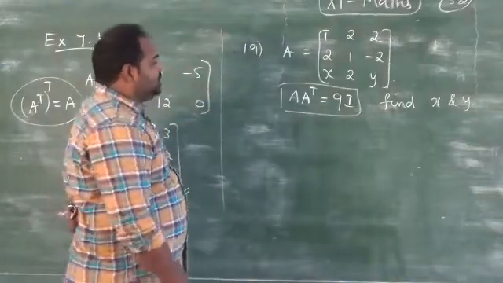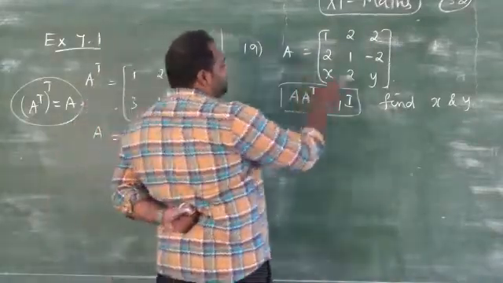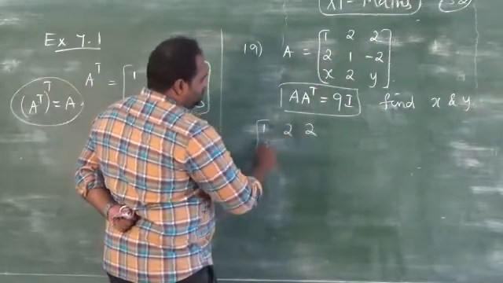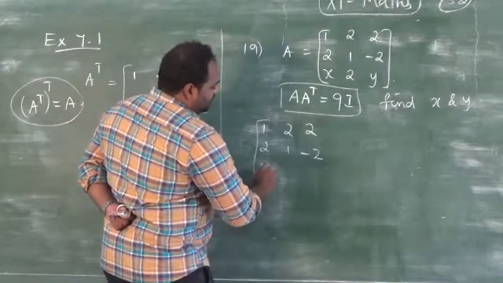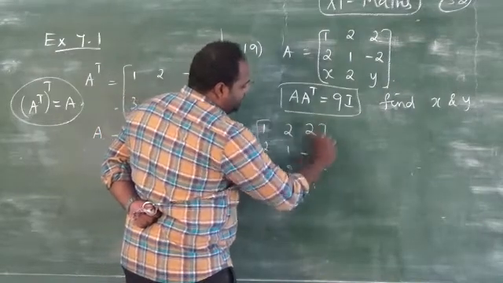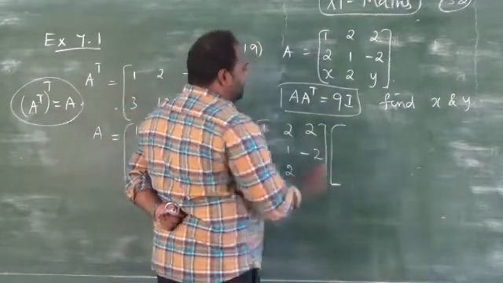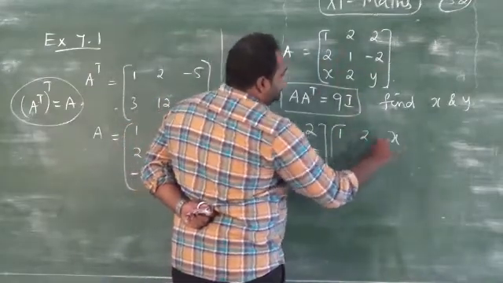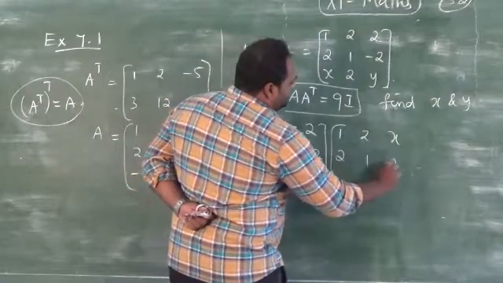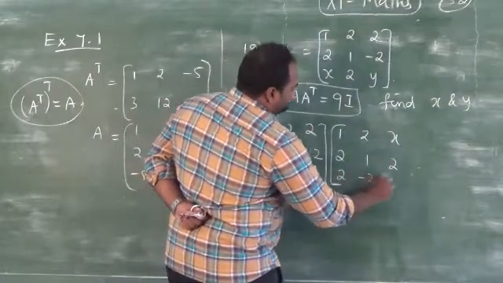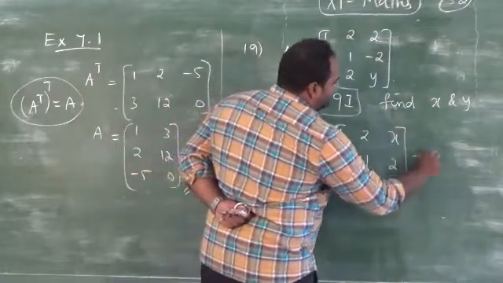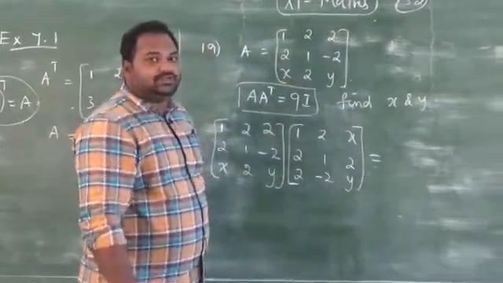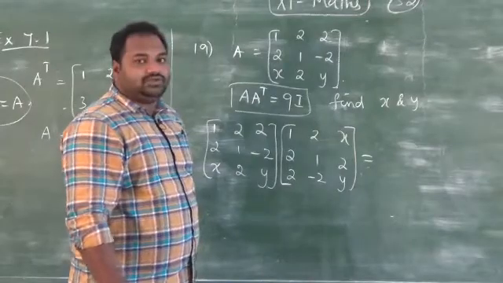So for that condition I am going to apply the values. A value is 1, 2, 2, 2, 1, minus 2, x, 2, y into A transpose. Taking transpose for this one, 1, 2, x, 2, 1, 2, 2, minus 2, y equal to 9 into I. What is the identity element for a 3 cross 3 matrix? 1 0 0, 0 1 0, 0 0 1.